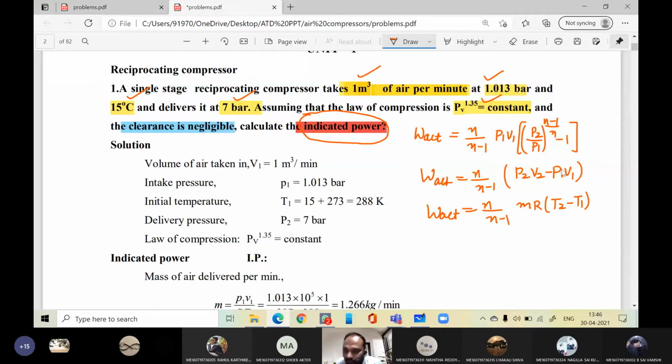If I take P1 V1 common, I get this one by eliminating the volume ratio. It is there in the derivation part. We will see which formula is suitable for us. If I want to use this formula, is there any difficulty? P1 is there, V1 is there, P2 is there. I can use this formula comfortably. All the data is there.